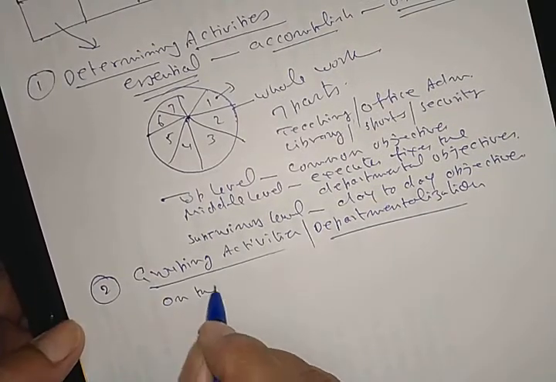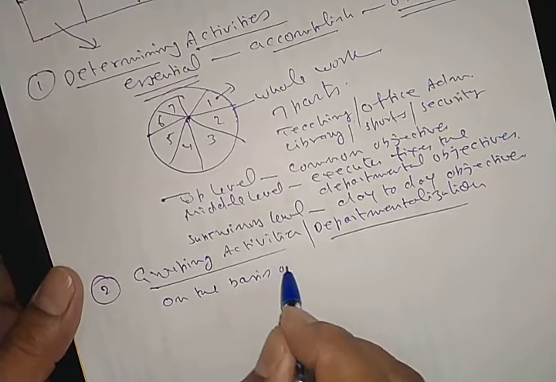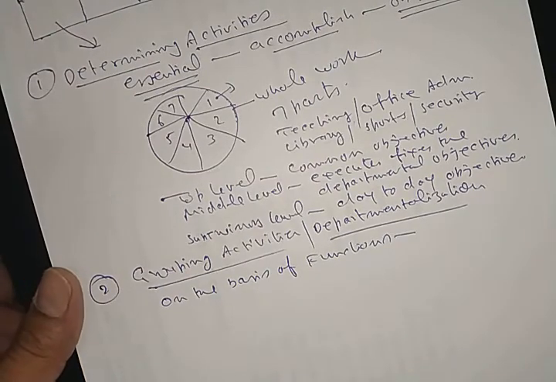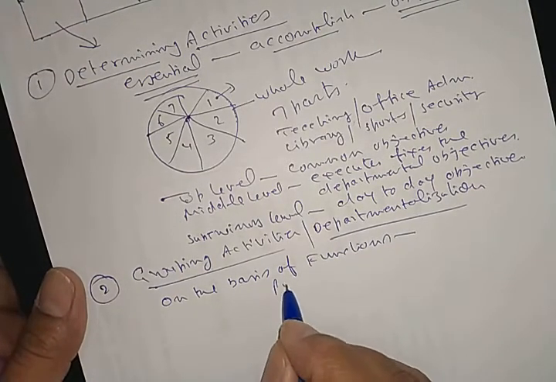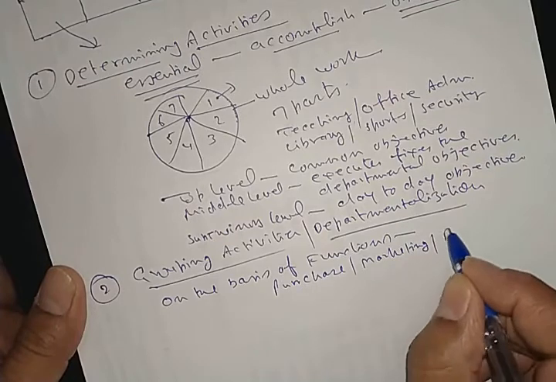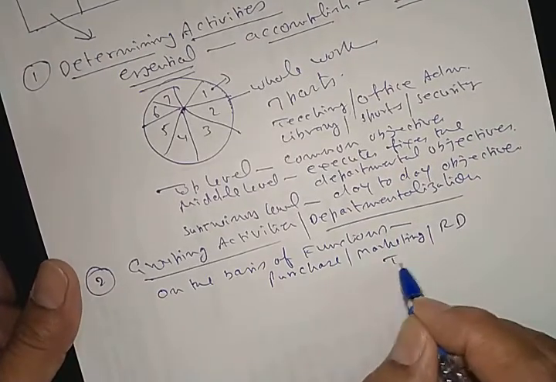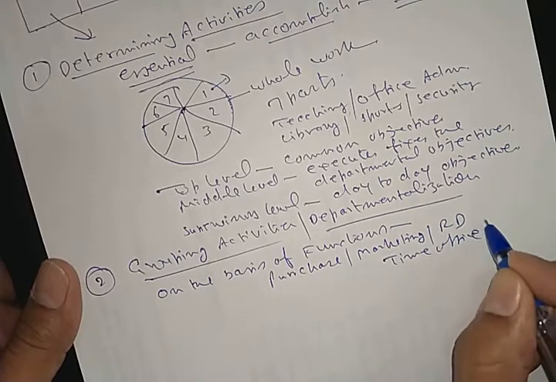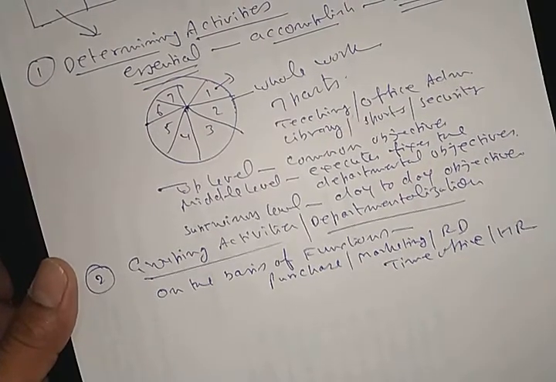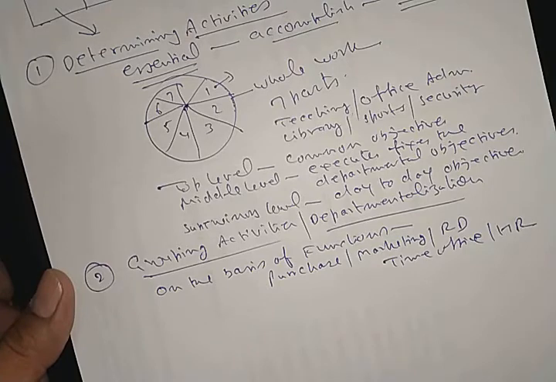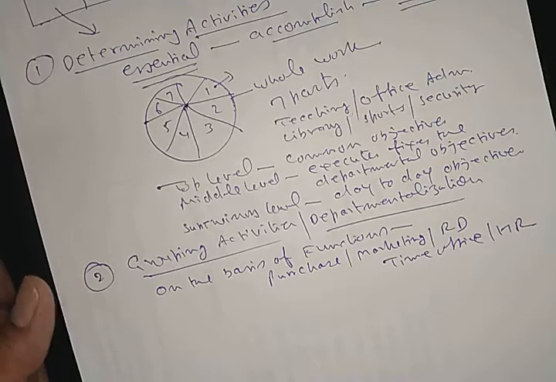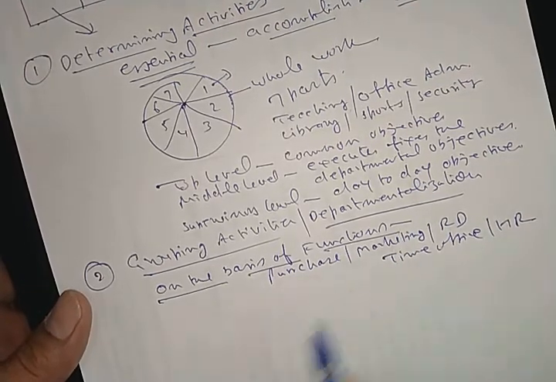It can happen on the basis of functions, like purchase department, marketing department, research and development, time office, HR, etc. On the basis of functions, we have grouped the activities or ensured departmentalization.